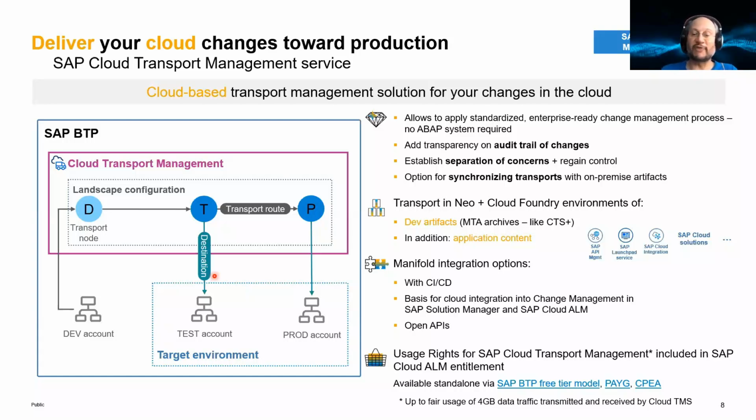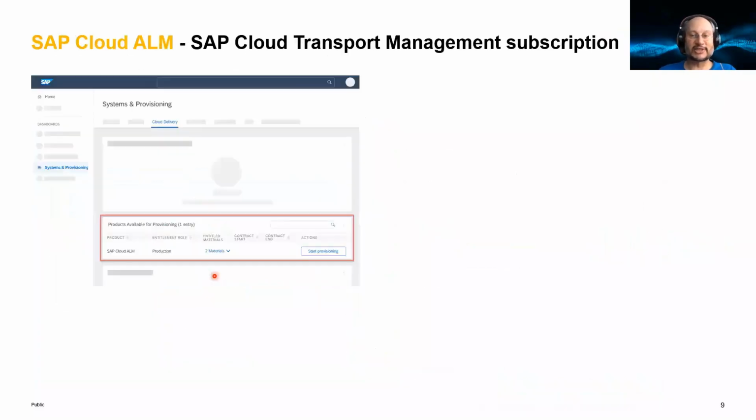So that's very, very easy to start with. You can also use Cloud Transport Management as a standalone subscription. Then it would be a payable service, quite cheap, but not free as it is with Cloud ALM. All right, let's go to the next slide.